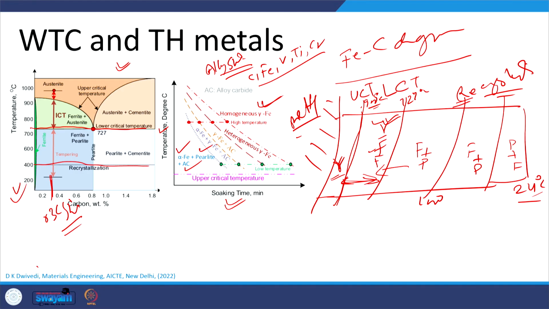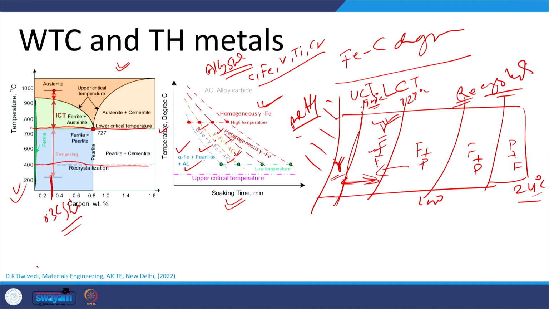When heated, initially the pearlite will transform into austenite, and ferrite and alloy carbides will remain as they are. Thereafter, the ferrite will convert into austenite, and then the alloy carbides will decompose. The alloy carbides will be the last constituents to decompose and contribute towards the formation of homogeneous austenite.